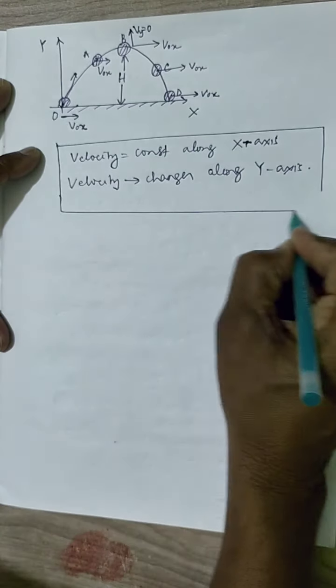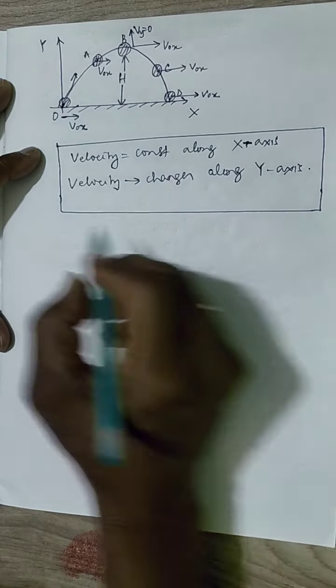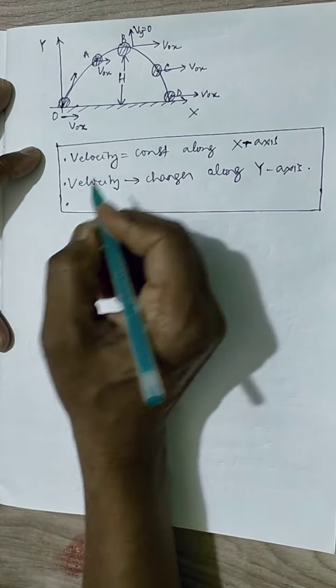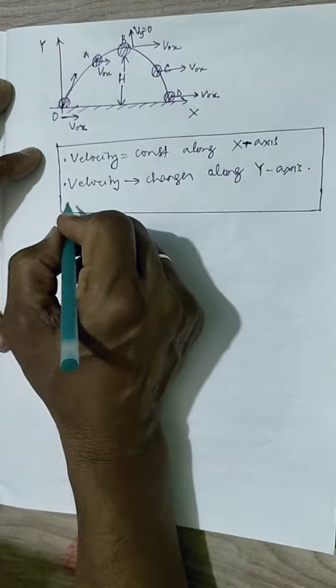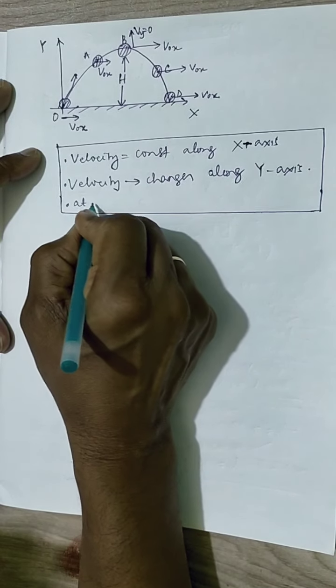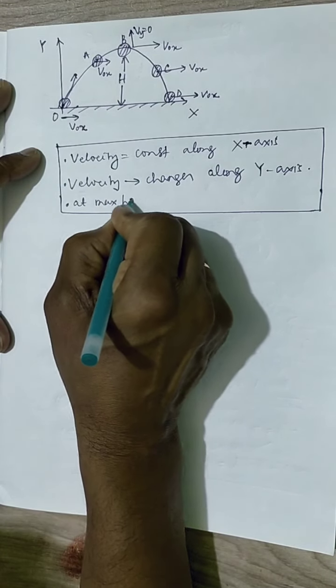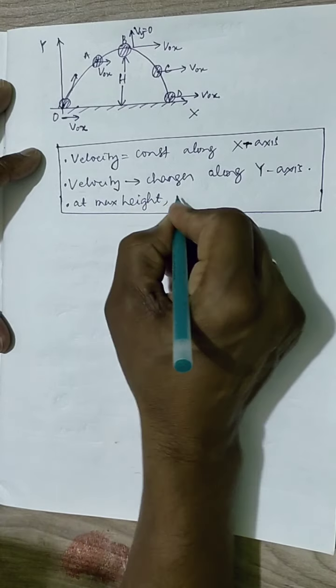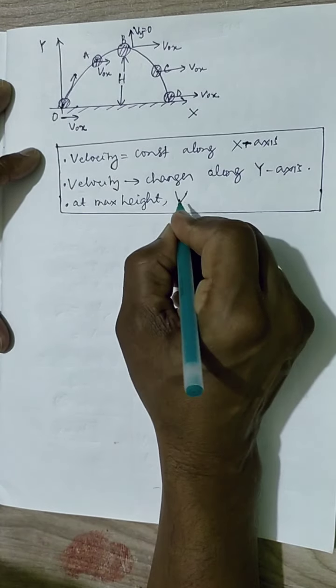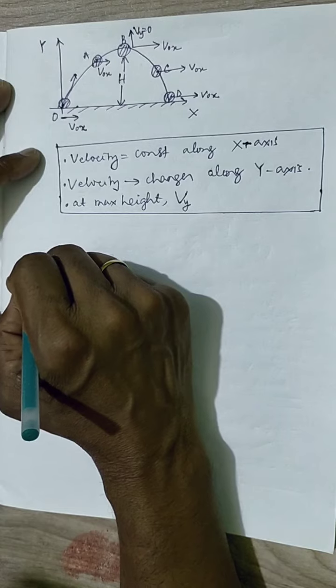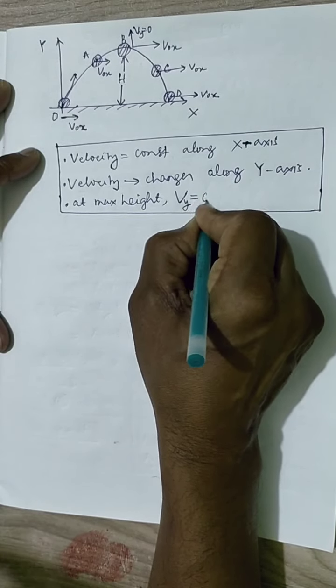Another one we require to remember is velocity at maximum height. At maximum height, the vertical component of velocity is 0.